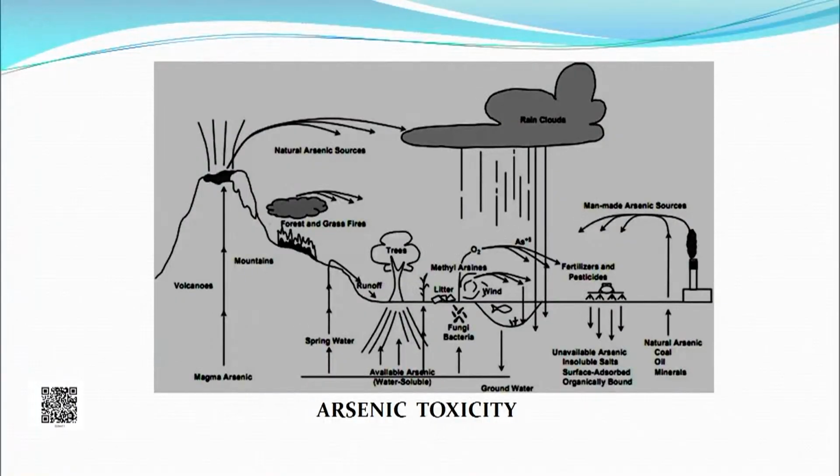So this is a cycle of arsenic poisoning. Arsenic leaching is the process by which arsenic is released from solid material into a liquid medium, often due to environmental or industrial conditions.